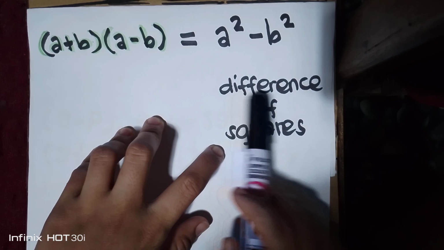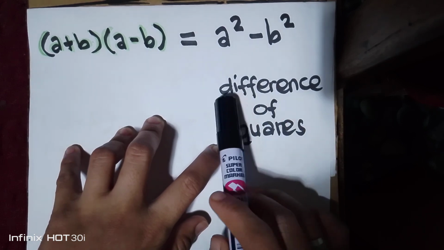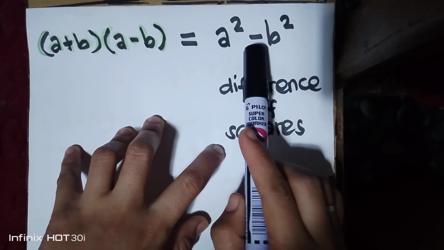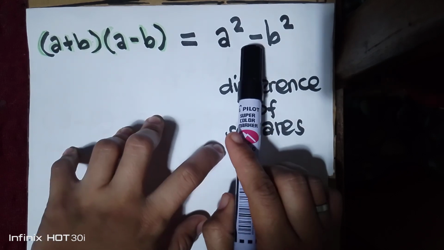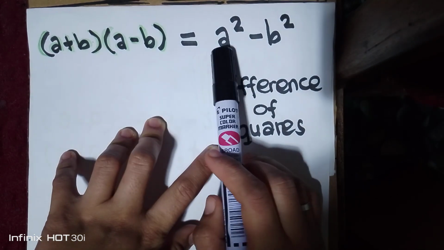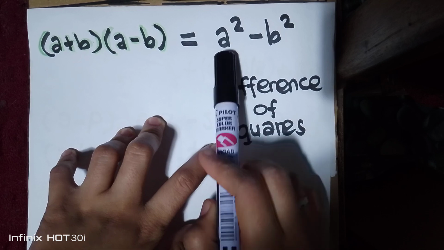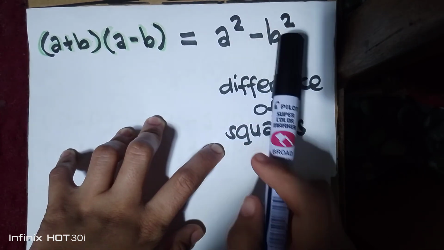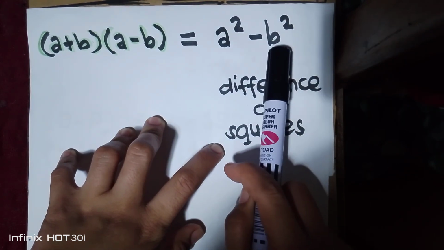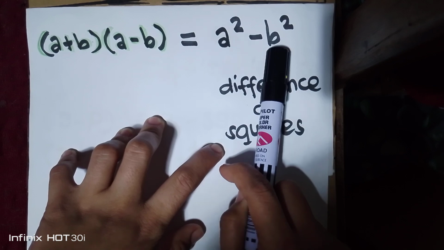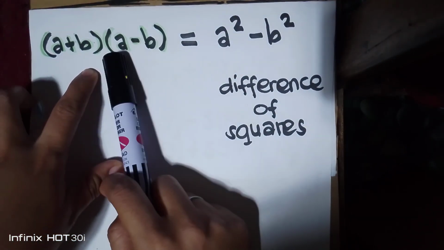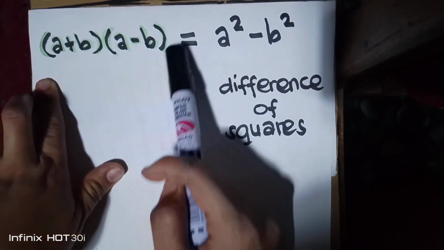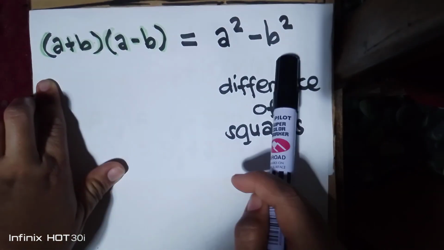The difference of squares because we have the operation of subtraction. Then squares because the first term is a perfect square and the second term is also a perfect square. This is only applicable if we follow this pattern.